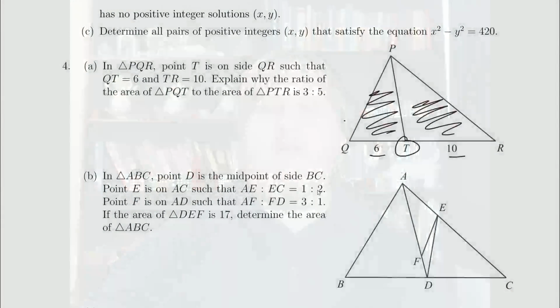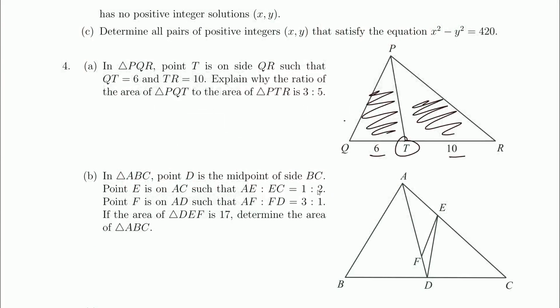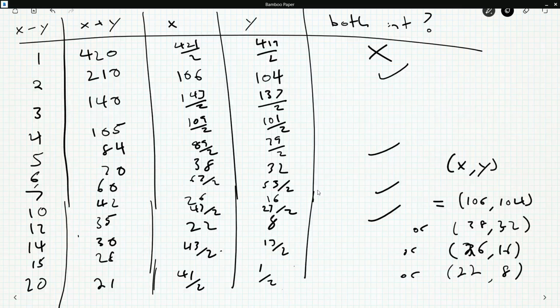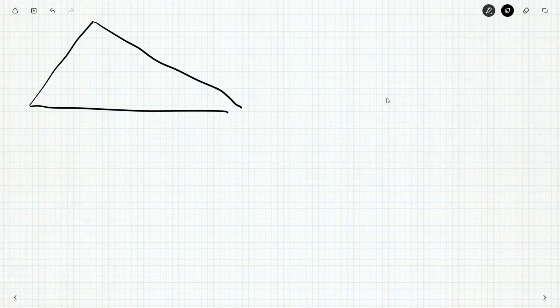But I'm only seeing one side for each of these triangles, and both of them are the base, 6 and 10. So let's try to get a height here. The heights, well, let's get rid of question 3 right now. The height that we could draw for both triangles is going to come from P and hit QR.